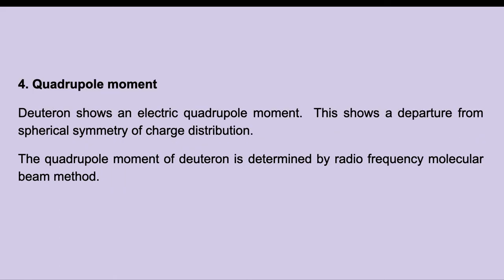Deuteron quadrupole moment. The deuteron shows an electric quadrupole moment. This shows a departure from spherical symmetry of the charge distribution. The shape of the deuteron is not spherical. The quadrupole moment of the deuteron is determined by the radio frequency molecular beam method.